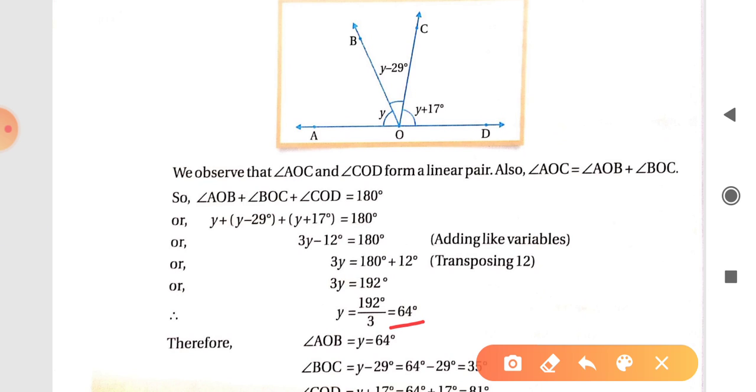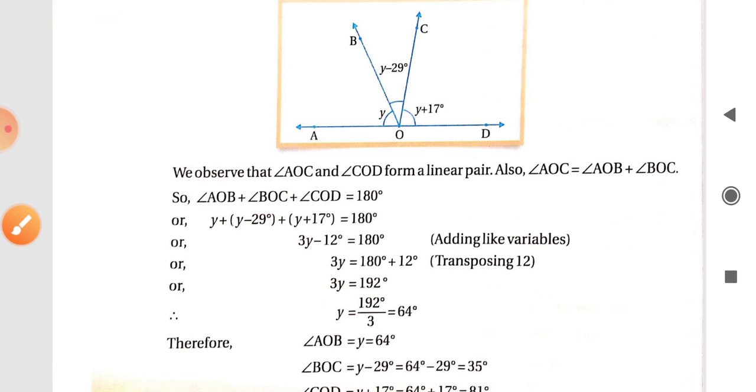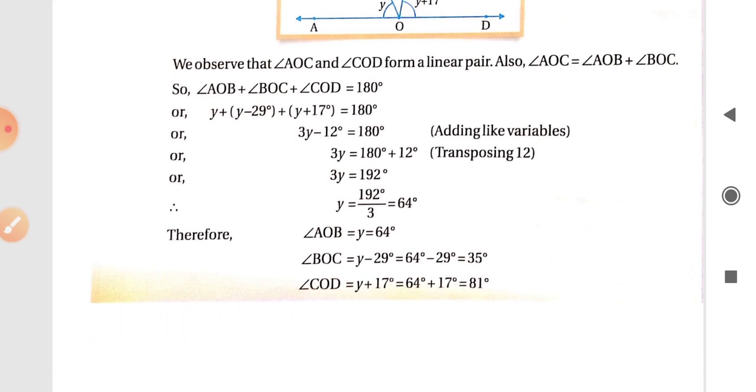Then angle BOC is y minus 29, which is 64 minus 29, that is 35. Then angle COD is y plus 17, where the value of y is 64. 64 plus 17 is equal to 81. So these angles are 64 degrees, 35 degrees and 81 degrees.